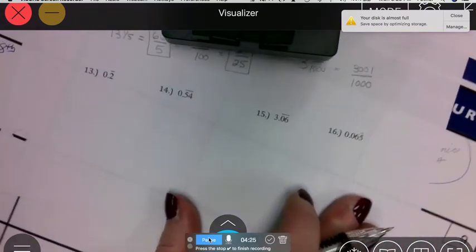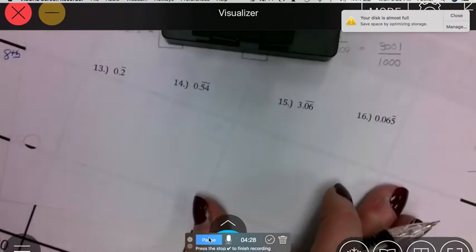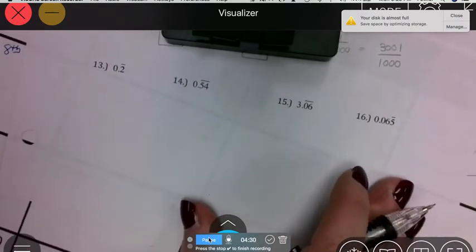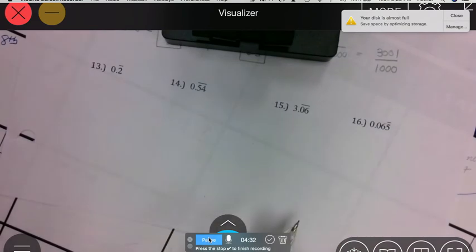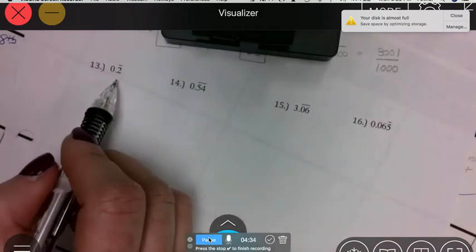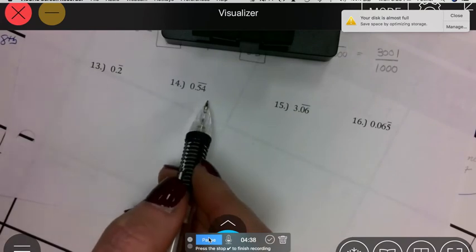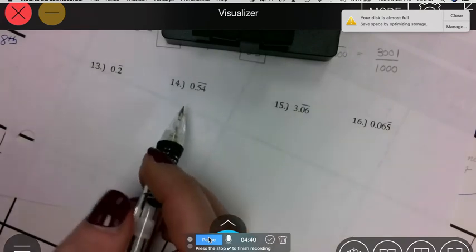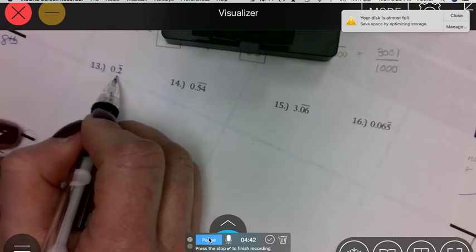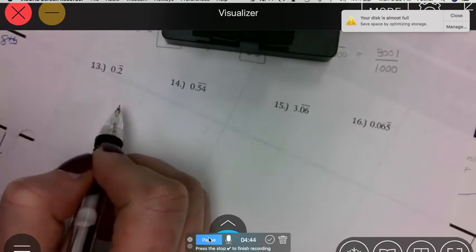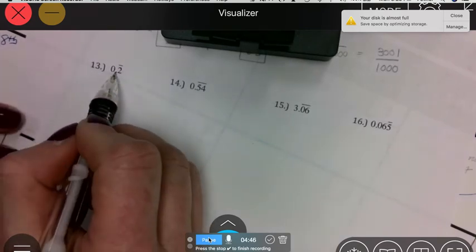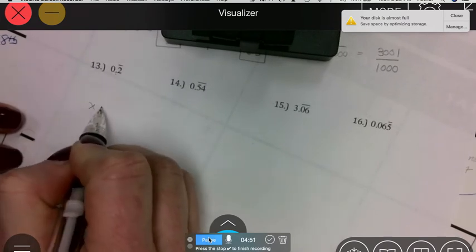When we get into repeating decimals, changing them to fractions is not that straightforward, because you can't simply put 2 over 10 or 54 over 100. What we're going to do is create 2 mini equations. As long as your repeater is right after the decimal, that is our x equation.